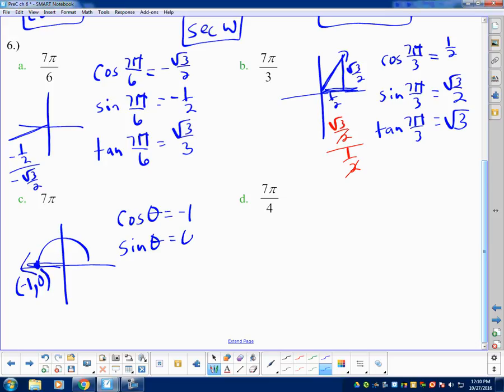Sine of theta is 0. So cosine of theta is the x-coordinate, sine of theta is the y-coordinate, and then tangent of theta. So you're going to be 0 or undefined, right? In this case, tangent of theta is 0, yeah. 0 over -1, if you will, which is 0.